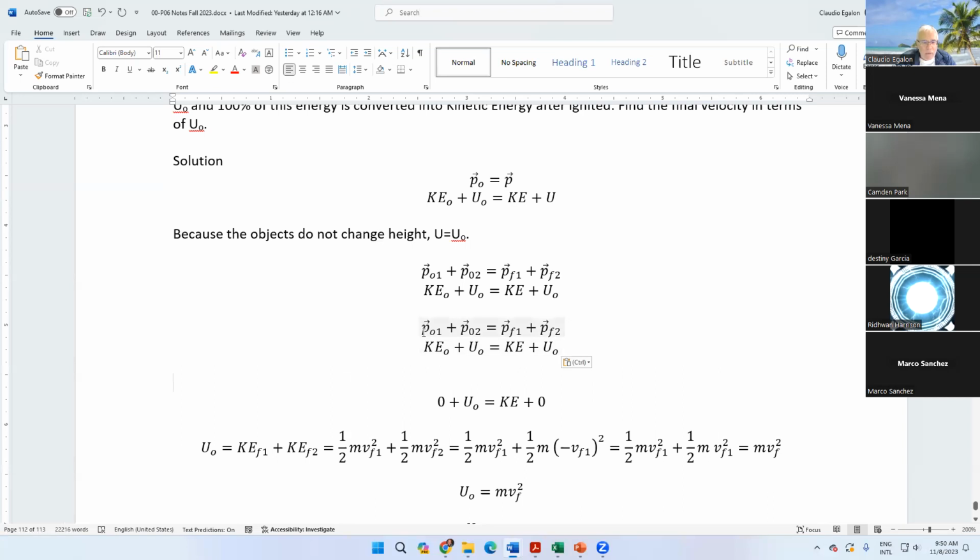Now this one is going to be 0. This one is going to be V01. Two masses, the masses are the same. And then you're going to get V0, V final 1, and V final 2.